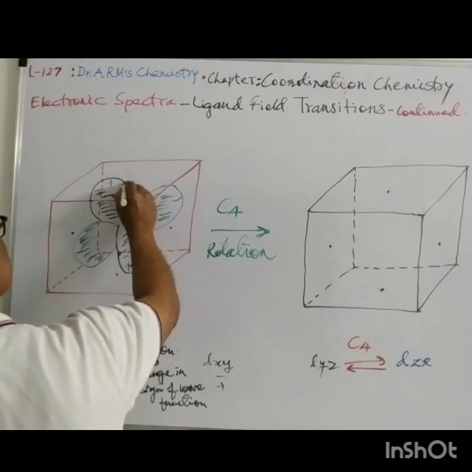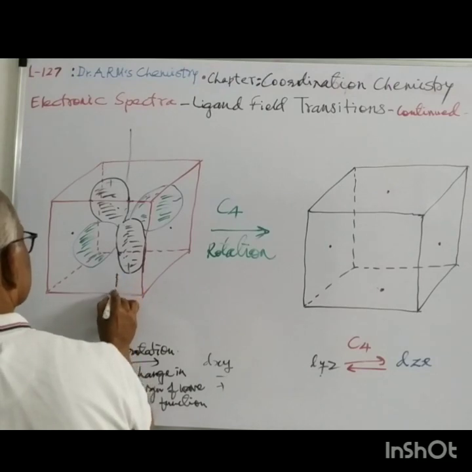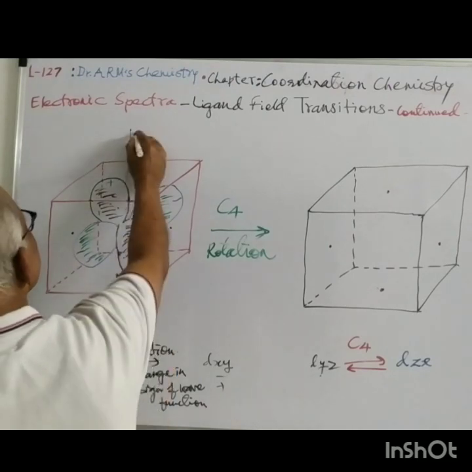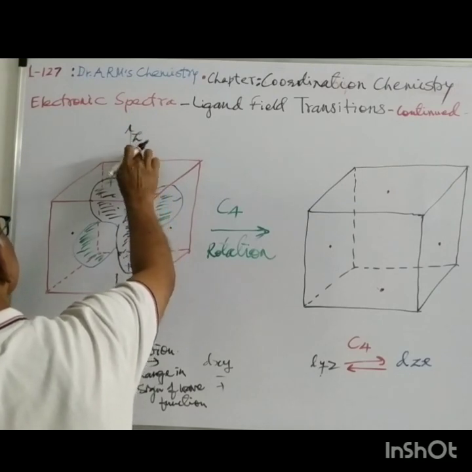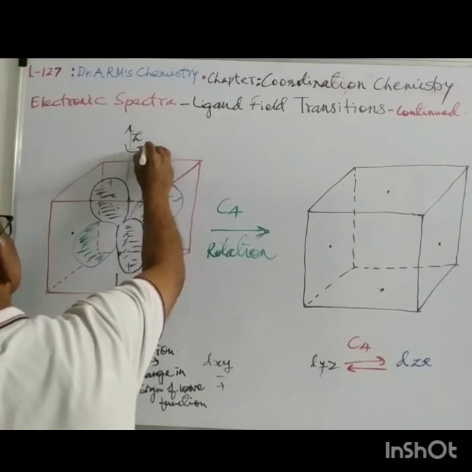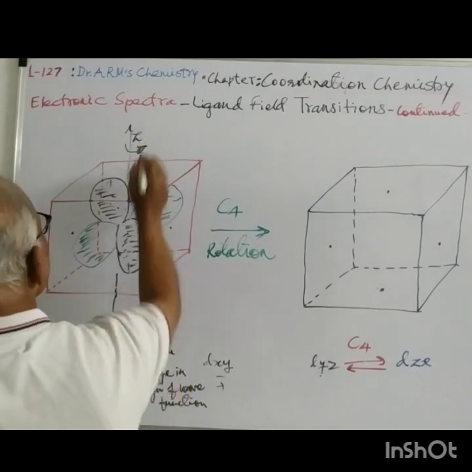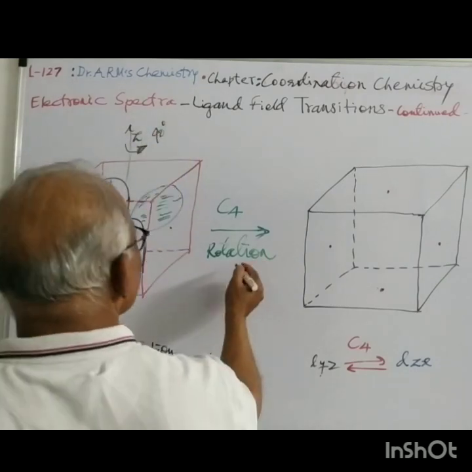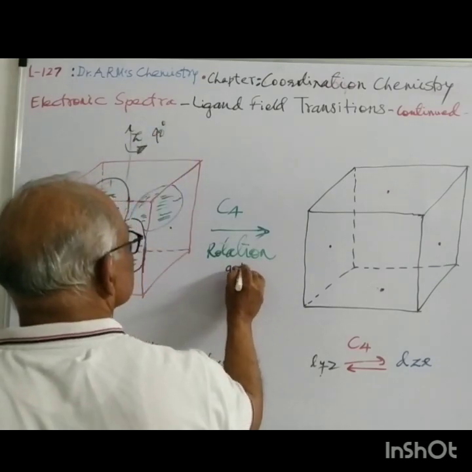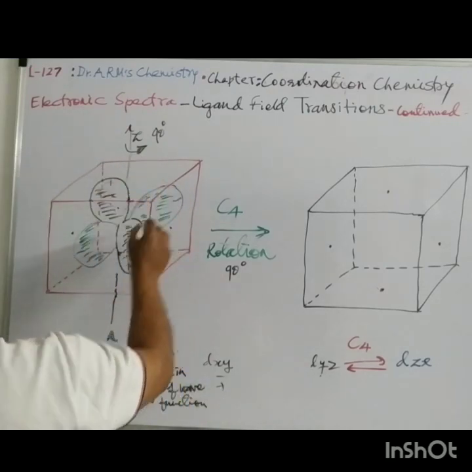So if we rotate this about the z-axis through 90 degrees, the lobes are moving in this direction.